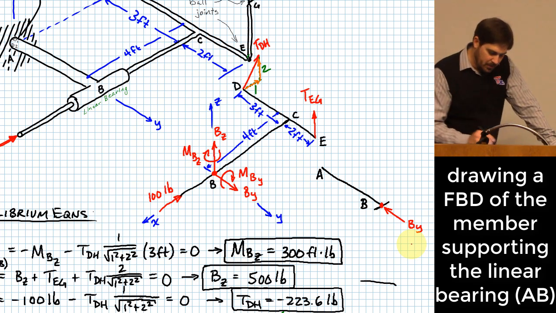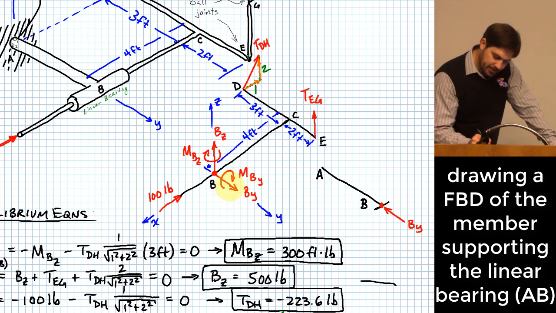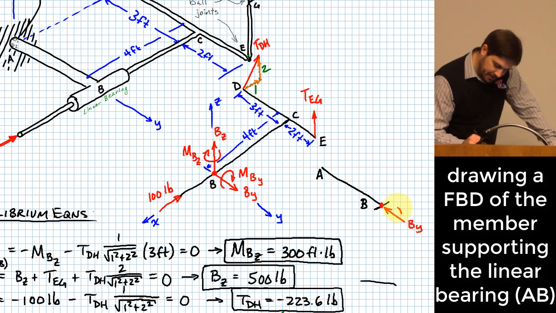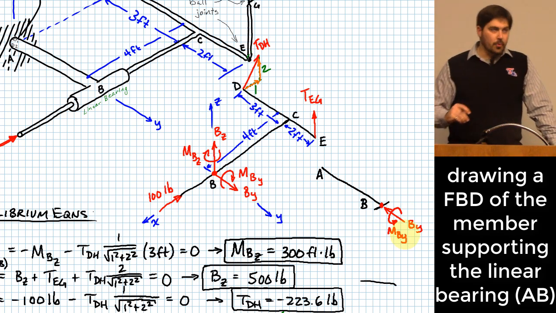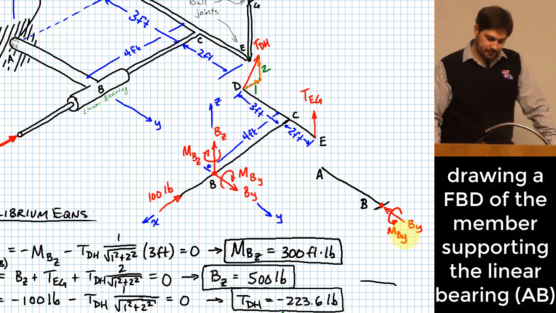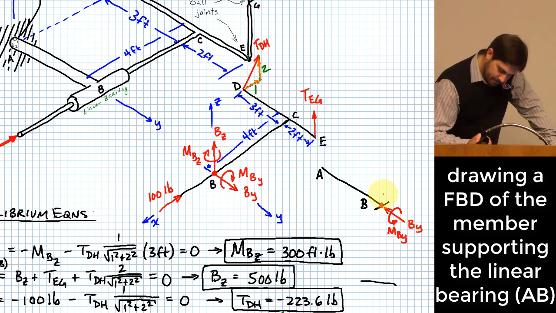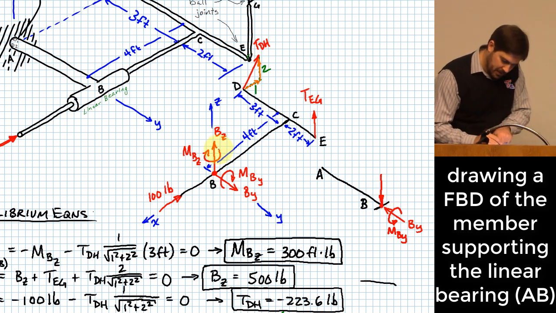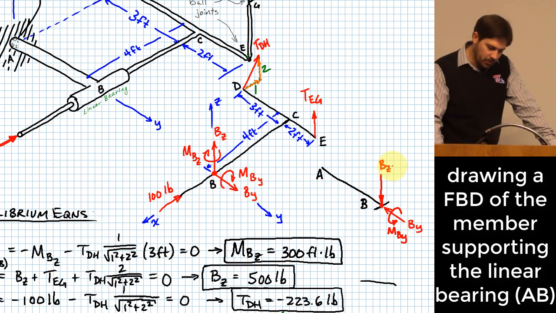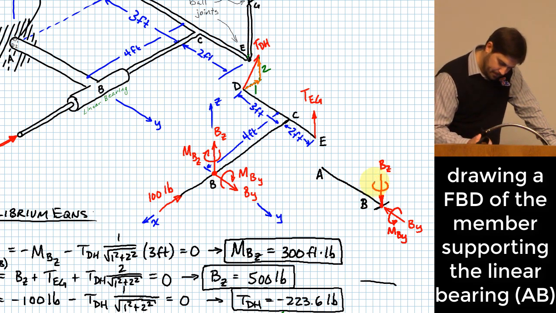Someone says MBY, opposite the direction that I showed it, so that would be this way. What else? BZ. Okay, so BZ can be shown that way. And what else? MBZ. Whoop. This direction, correct?